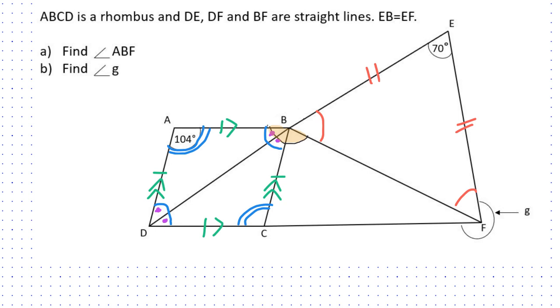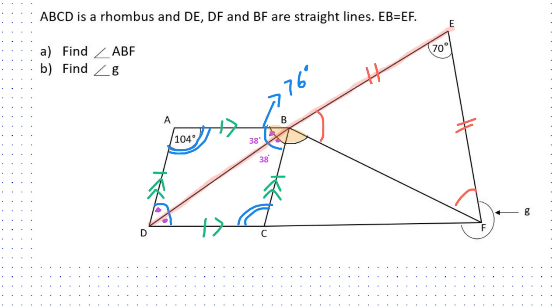Therefore, the value of angle ABC would be 180 minus 104, which is 76 degrees. So since these two angles are equal, the value of one angle is equal to 76 divided by 2, which is 38 degrees. So next, we need to find out the value of this portion of the angle.